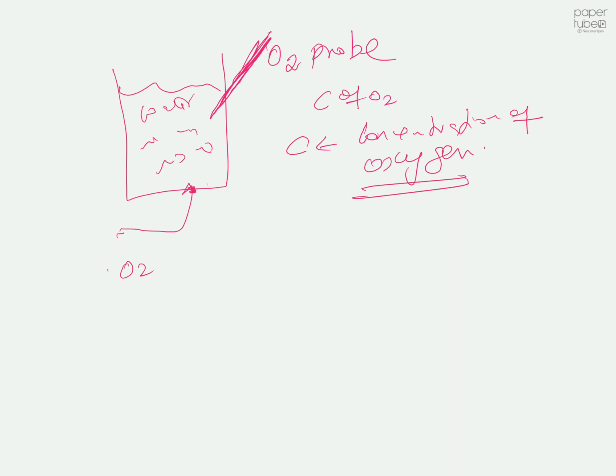So how is this concentration of oxygen going to change with respect to time? The change in concentration with respect to time will be proportional to the concentration gradient. As I talked about the solubility, say your solubility is 7.7 milligrams per liter, for example.